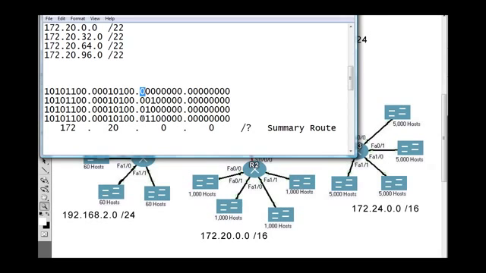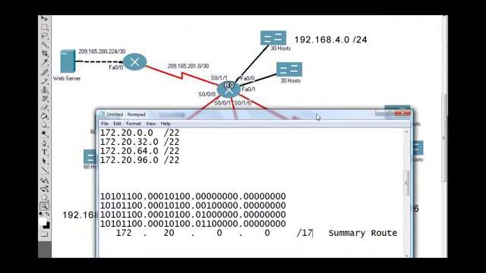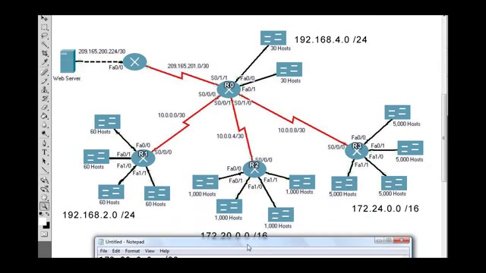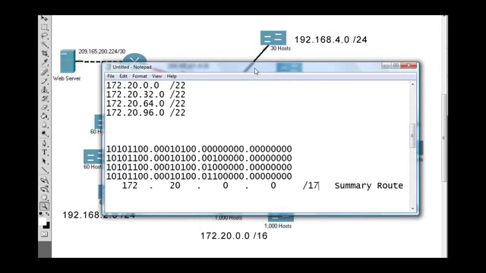And so the summary route would be 1, 2, 3, 4, 5, 6, 7, 8 bits, 16 bits, 17 bits. So it would be a /17, and the summary route would be 172.20.0.0/17.